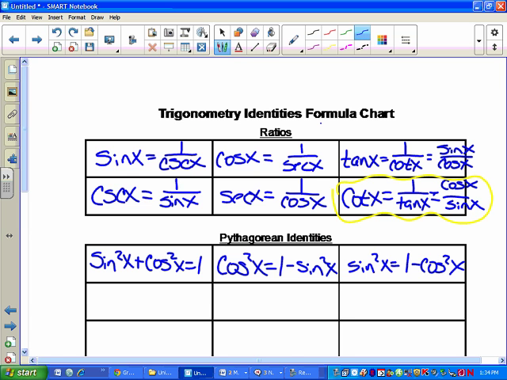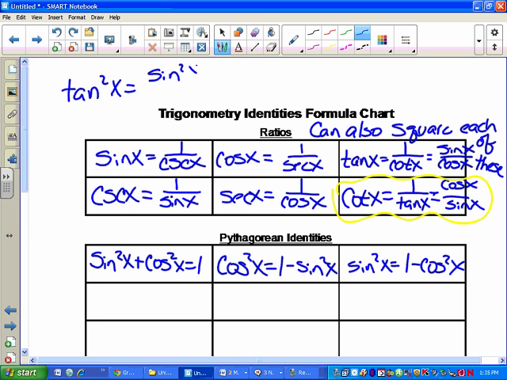So let's make a note to self: you can also square each of these. So what that means is, for example, the tangent squared of x equals the sine squared x over the cosine squared x. So you can square these as well.